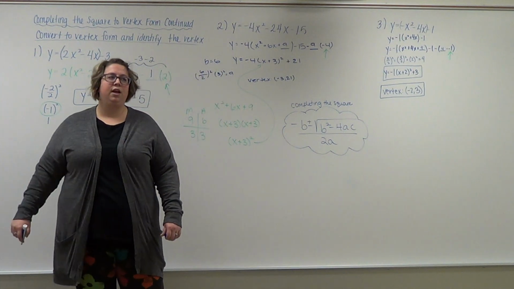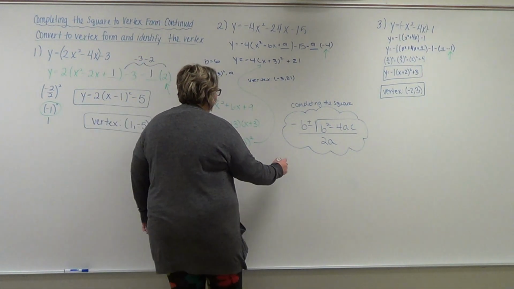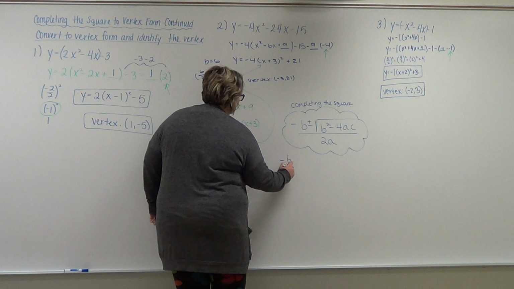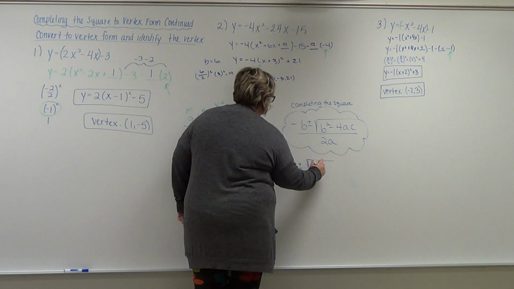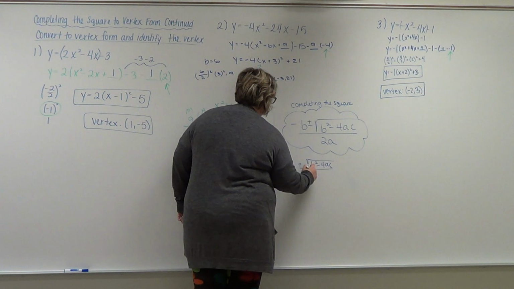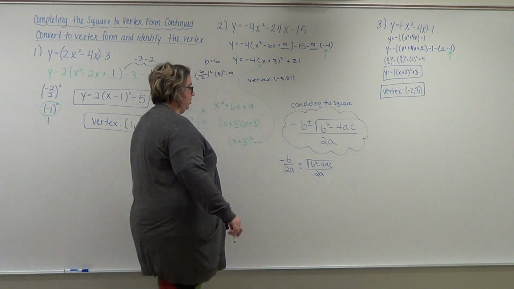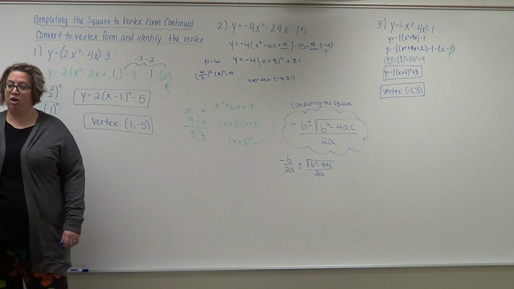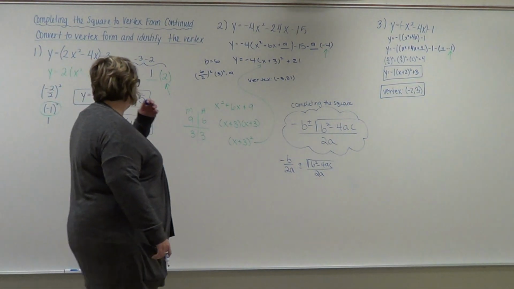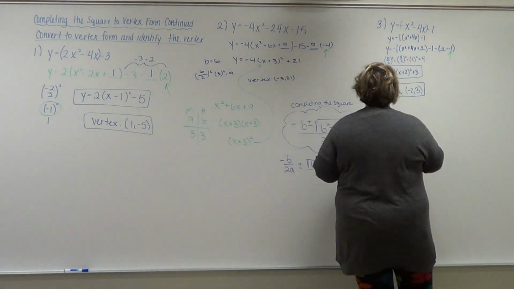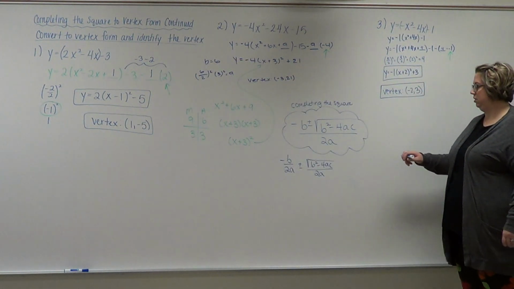Okay, now, if I were to split this up, does everybody agree that it can be split up this way? I can take the denominator and put it under both parts of the fraction. Now when you're completing the square, the formula was b over 2, correct?